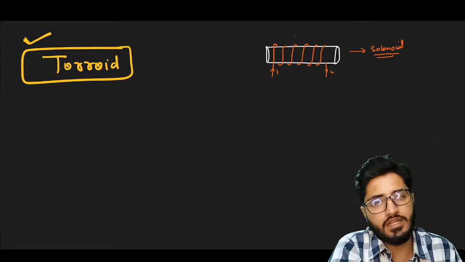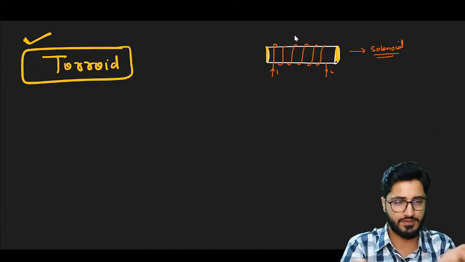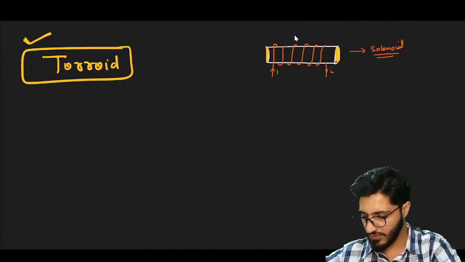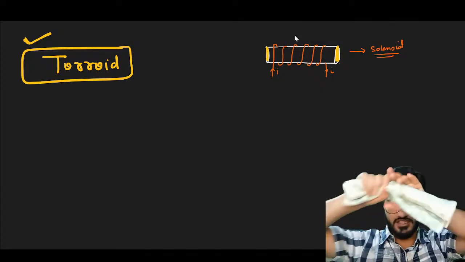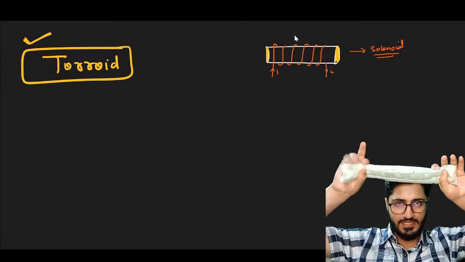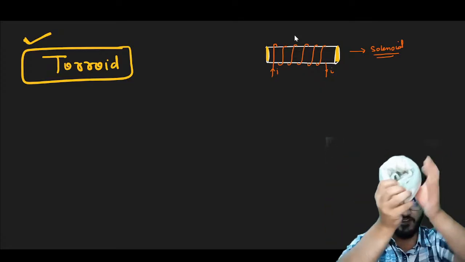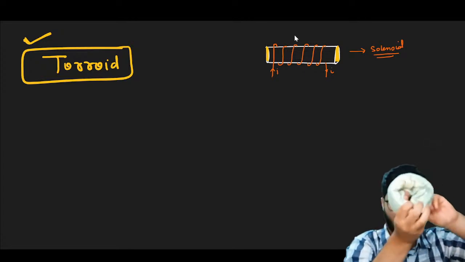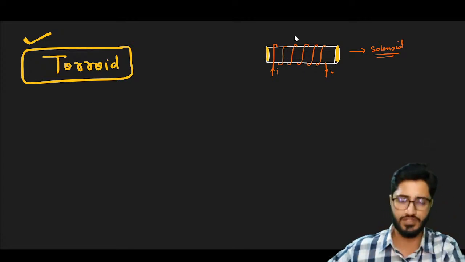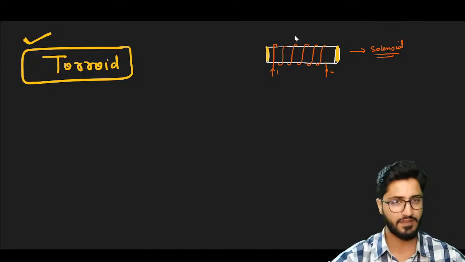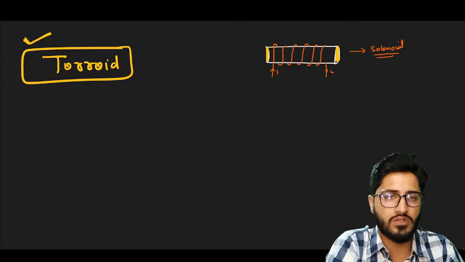Now take these two ends and just connect them like this. You will find a circular shape thing. This circular shape thing is known as a toroid. Easy.